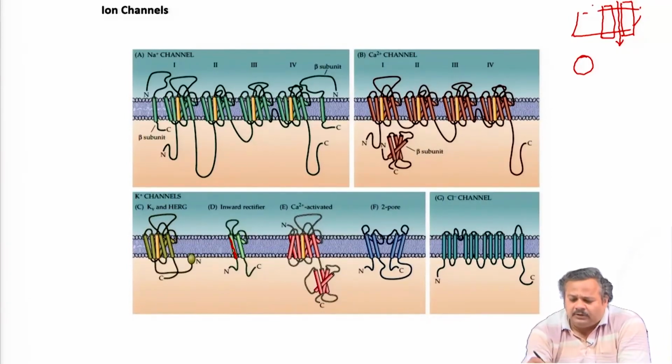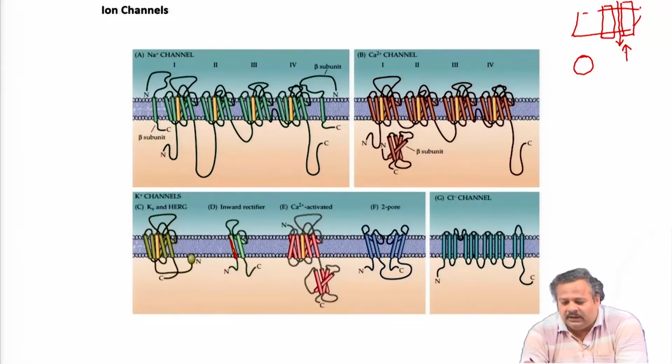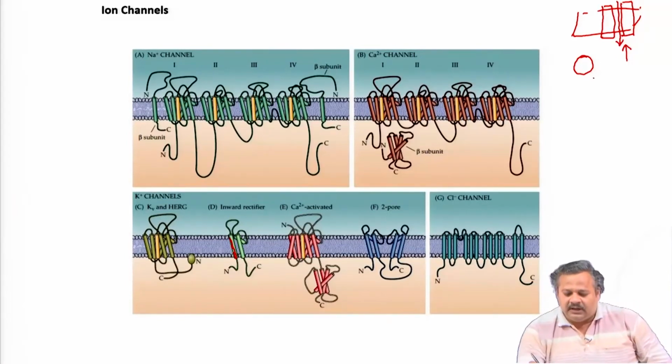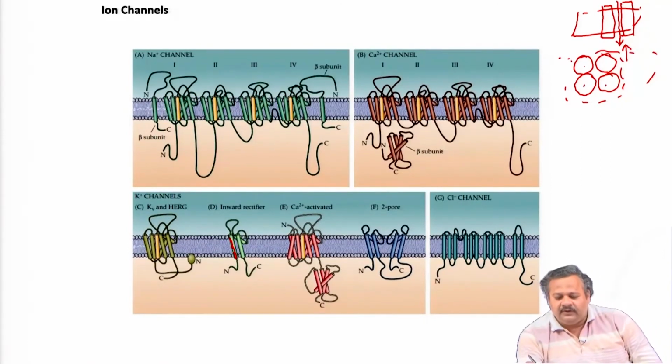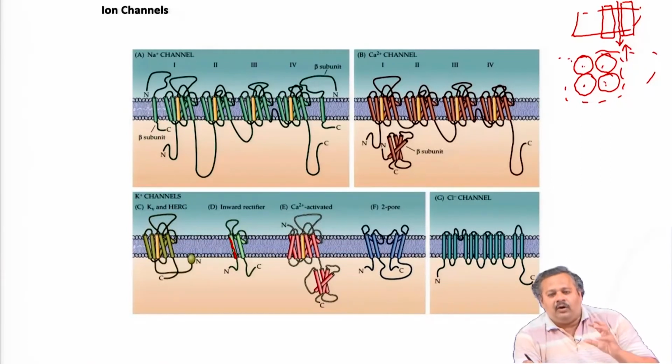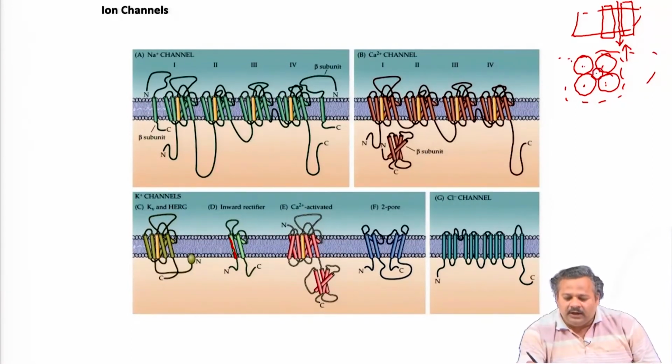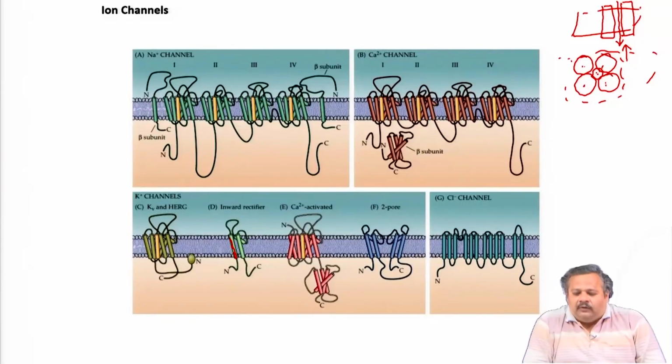Now, if we look from the top, that is on top of the membrane, then what we will see is an arrangement like this, that there are 4 subunits. We have membrane all around this, and these are the 4 parts of the ion channel that have come together to form a pore in between that provides the path for the ion to flow through.